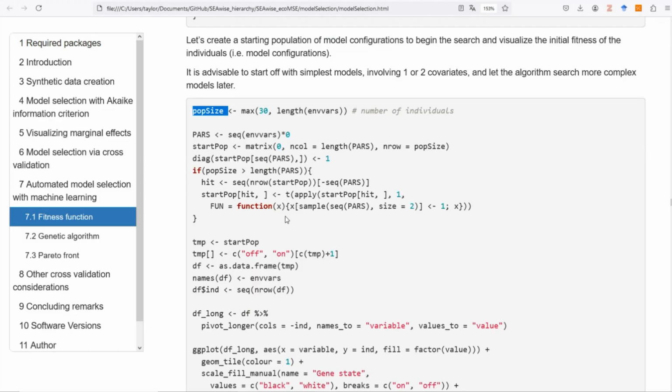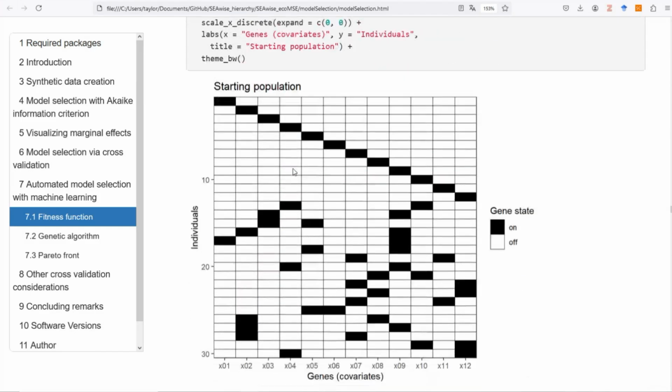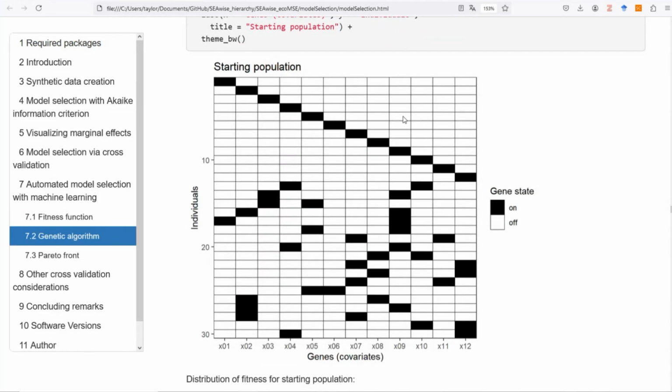And then for the rest of the 30 individuals, I'm just going to make random combinations of 2 term models. So this is what comes out. It's just kind of a first guess. And with these types of searches, it's good to start simple and let the algorithm explore more complicated models as it goes along.